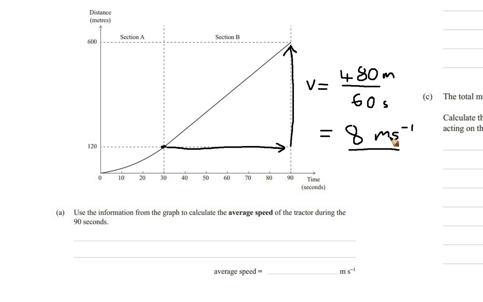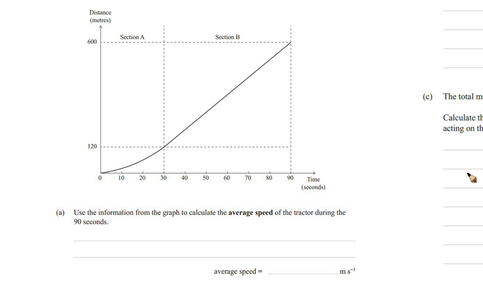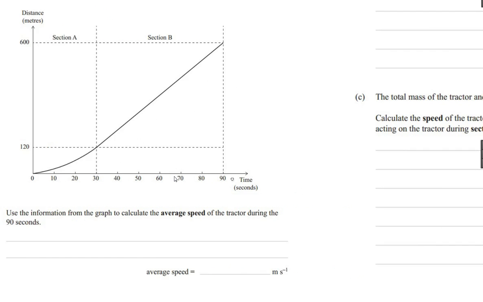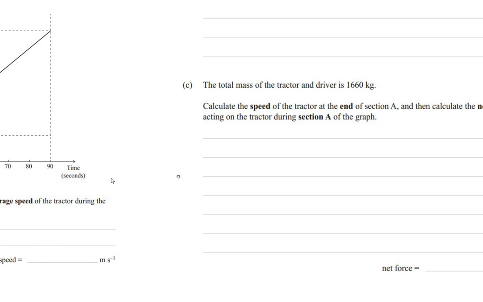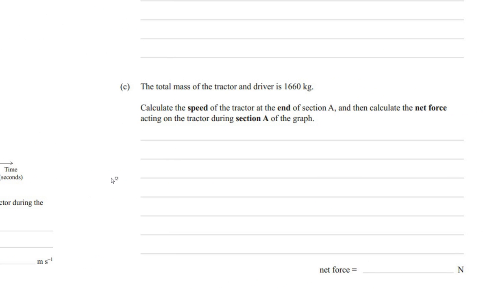If we go back to the question, it asked us to calculate the speed of the tractor at the end of section A. So that's actually the slope we've reached during section B.